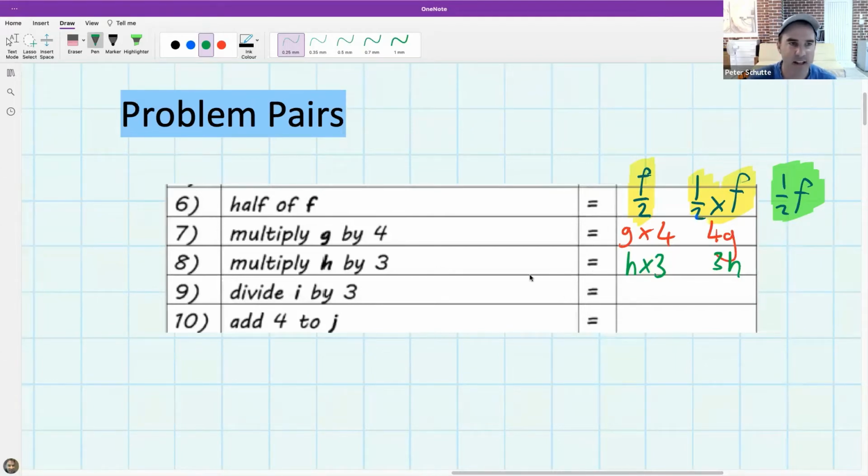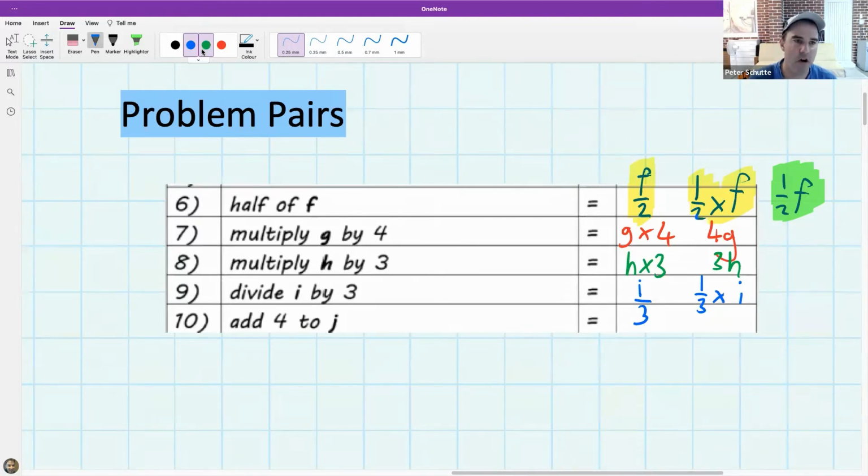Okay, then divide I by 3. Divide I by 3 would just be I divided by 3. Or we could write that as a third times I. Now, a third times I is the same as I divided by 3.